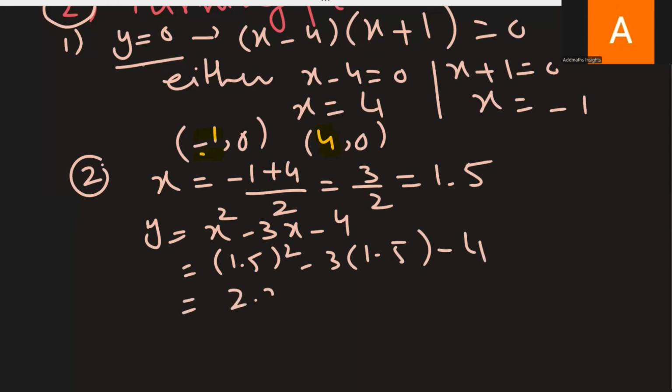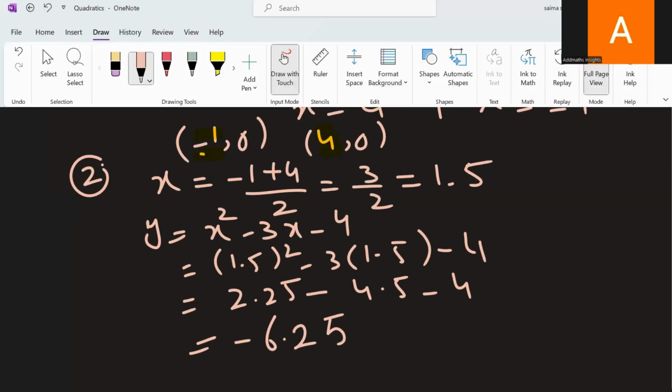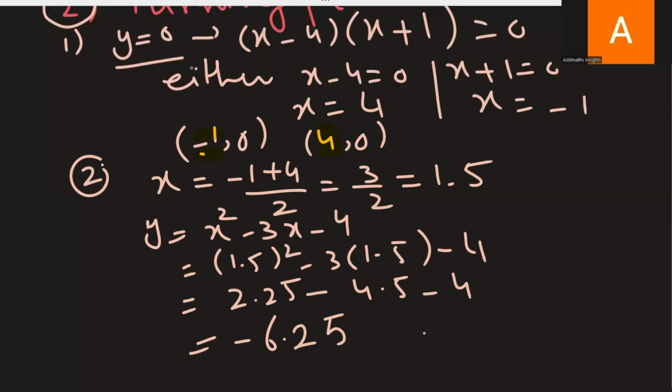This is 2.25 minus 4.5 minus 4, which is equal to minus 6.25. So this is how you find the turning point. The coordinates of the turning point are 1.5 and minus 6.25.